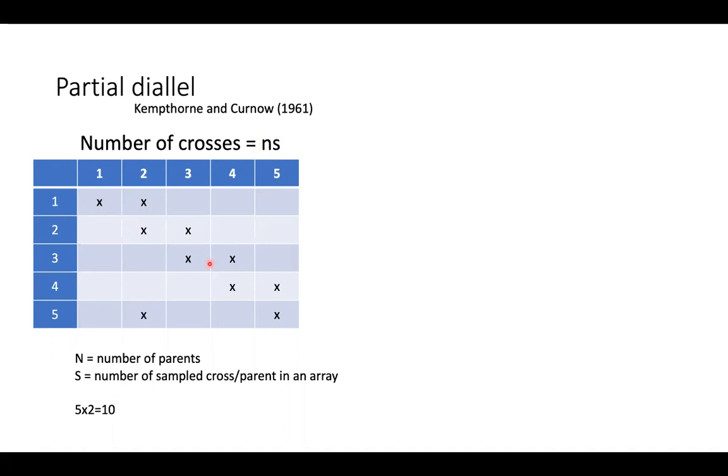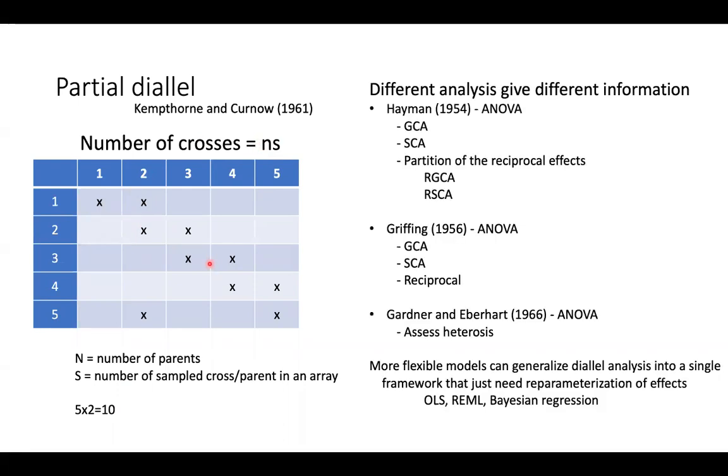But okay, so now we know that there are several different diallel mating schemes. And what I want to emphasize here is you can use any of those diallels to extract information, but you need to decide what kind of information you want to extract.